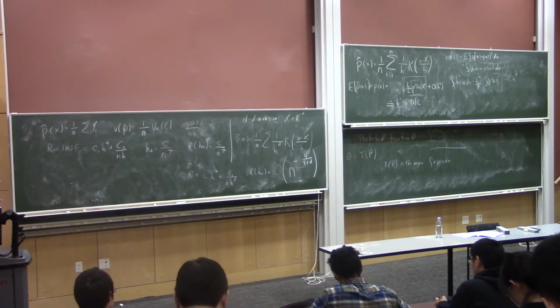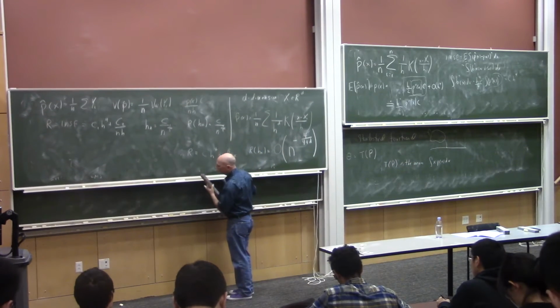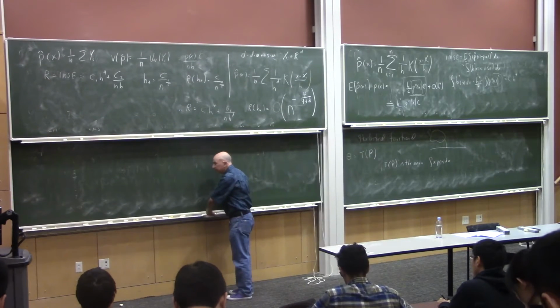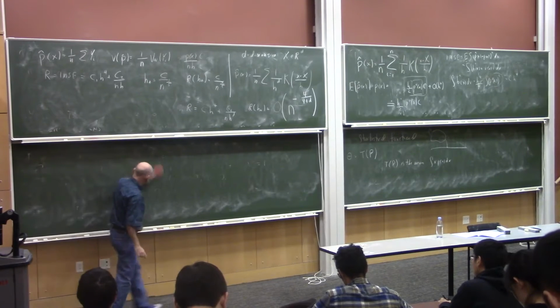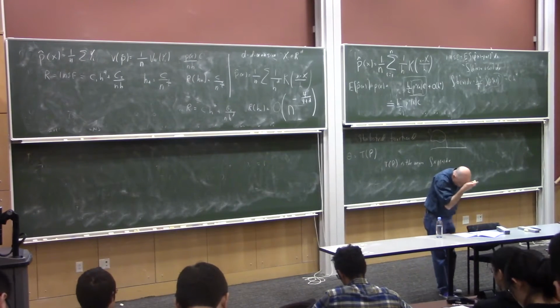So how are we going to do this in general? Well, before I do that, there's one piece of notation that's going to be extremely helpful for this section, which is, I think, right on page 5.